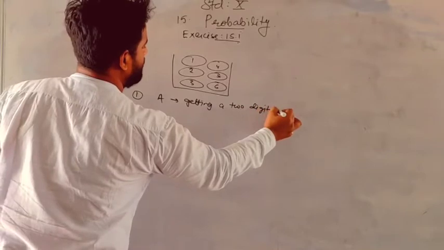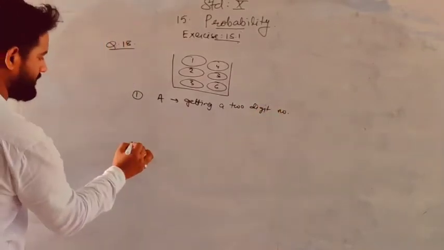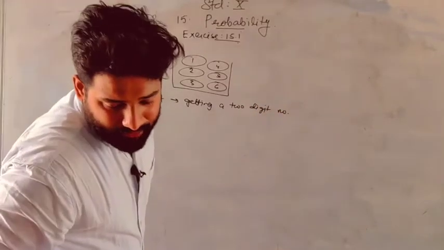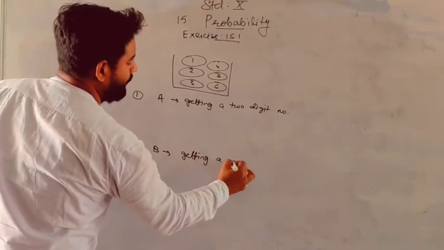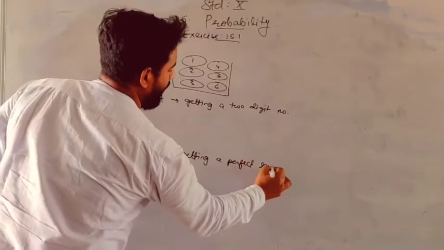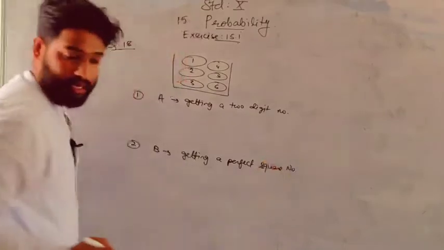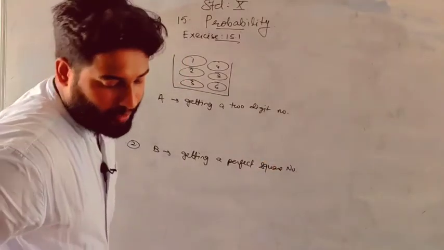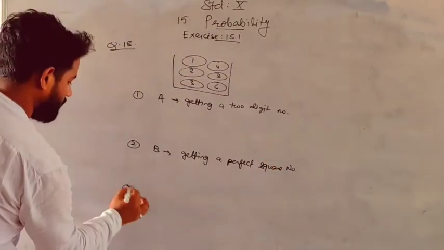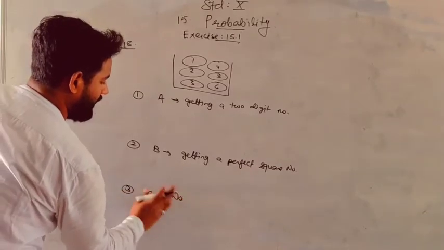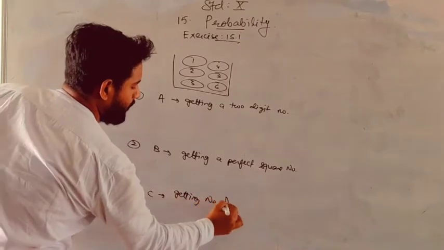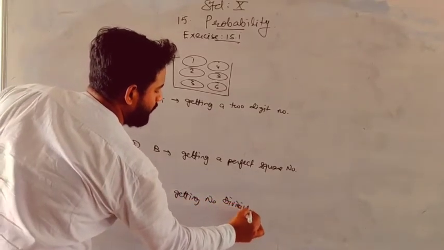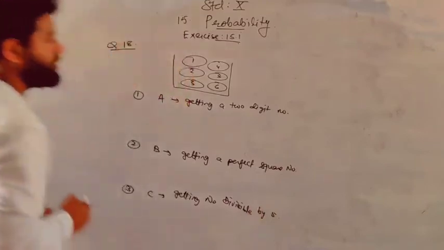Second one is getting a perfect square number. Third one is getting a number divisible by 5.